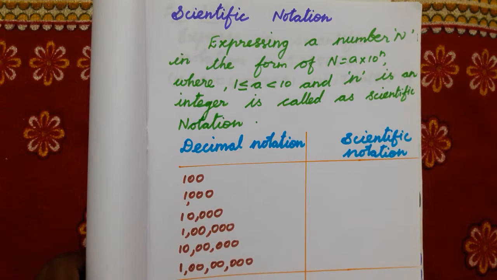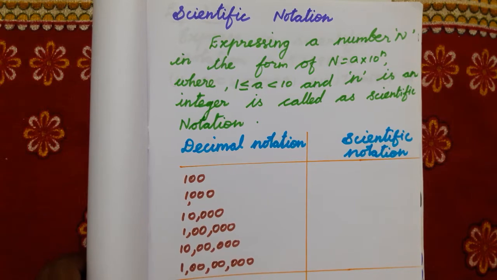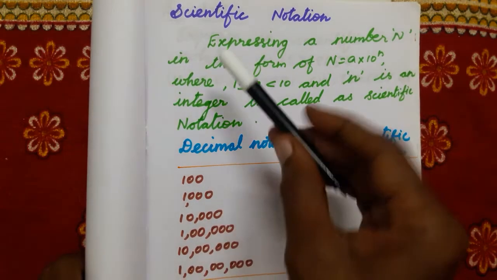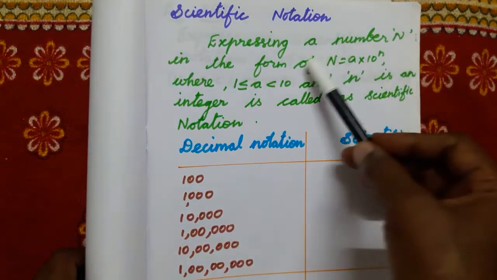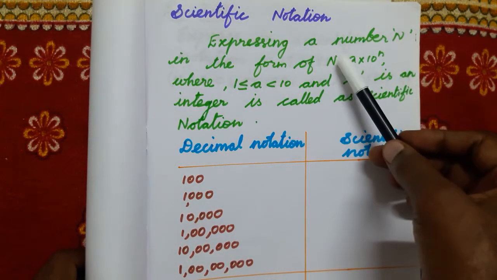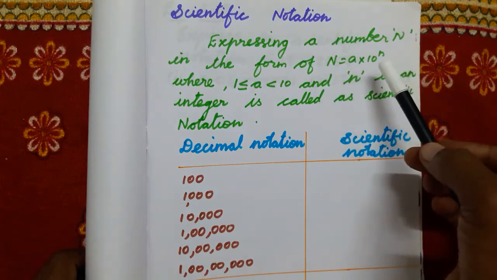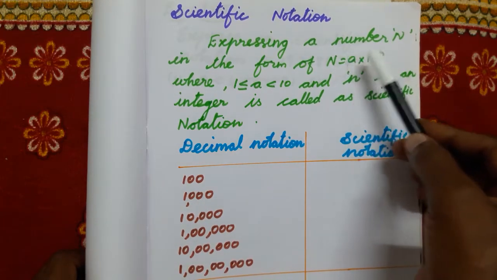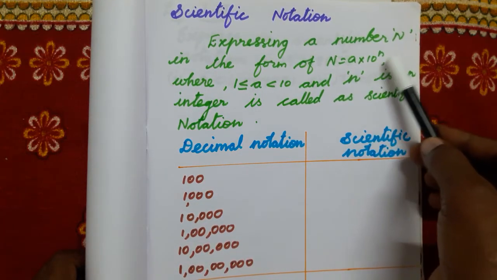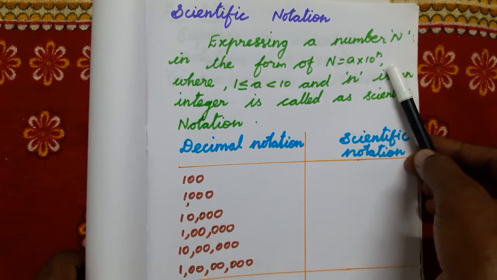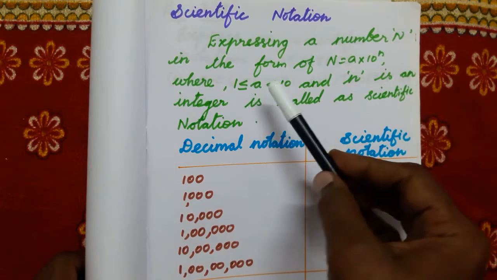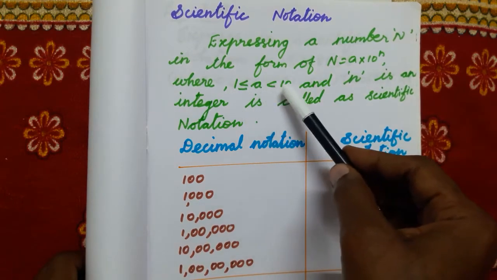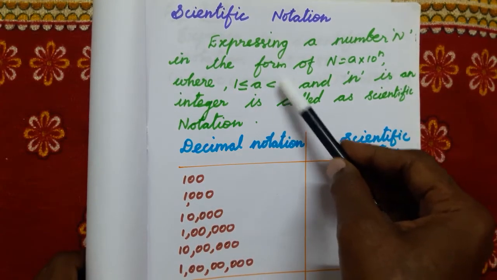Now I am going to explain scientific notation. What is scientific notation? Definition: expressing a number n in the form n is equal to a into 10 power n, where 1 is less than or equal to a which is less than 10.